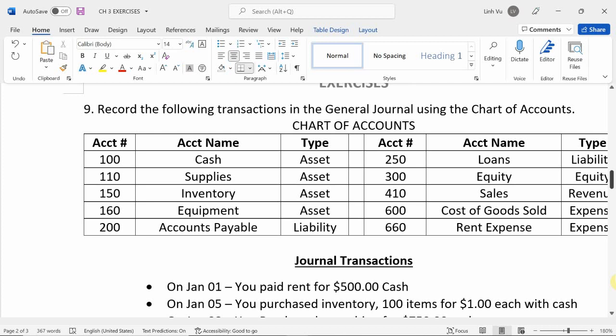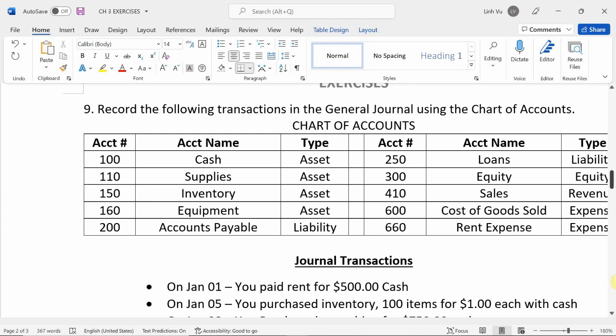Am I increasing my inventory or decreasing my inventory? Increasing. So, am I increasing my asset or decreasing my asset? Increasing. So, are you going to use a debit or a credit? Debit. You're going to use a debit for inventory, okay?